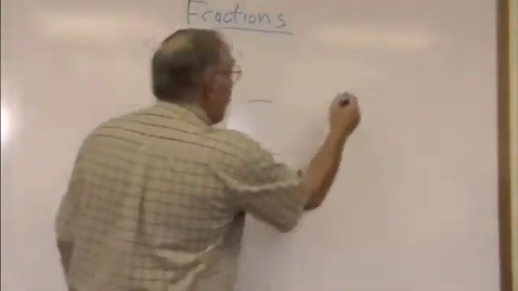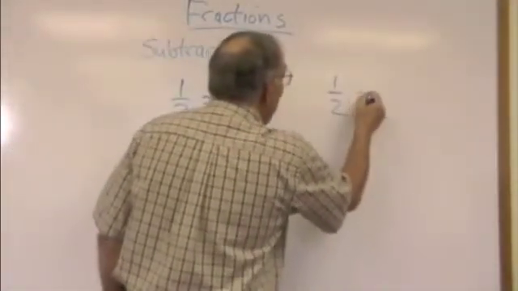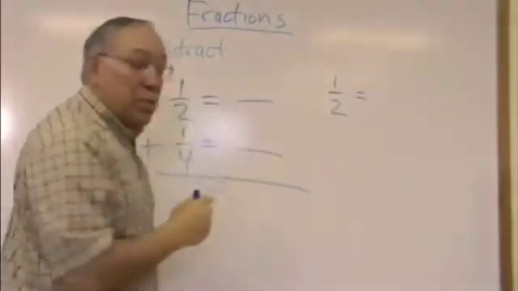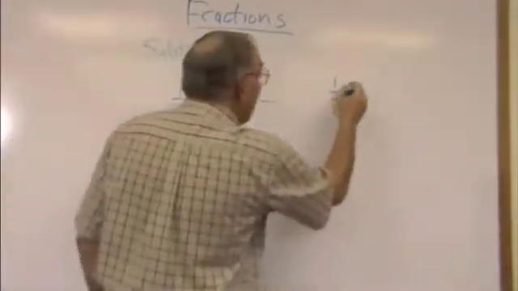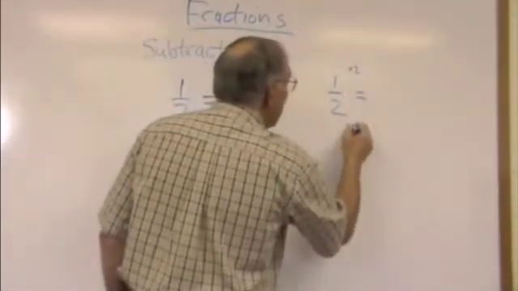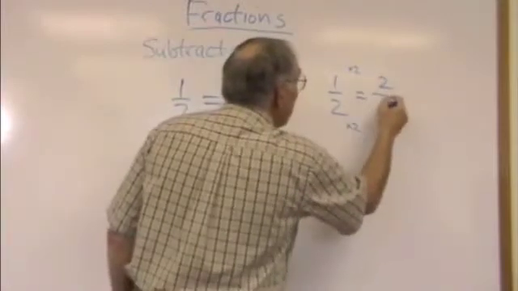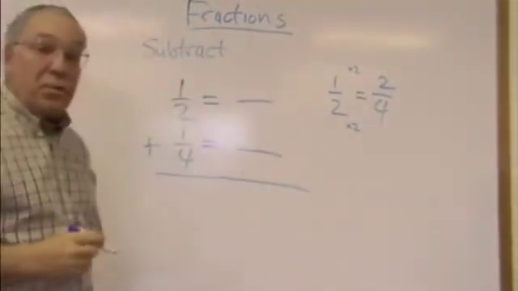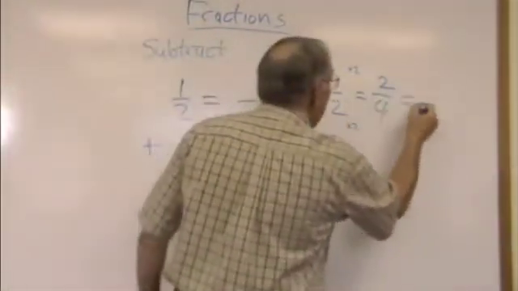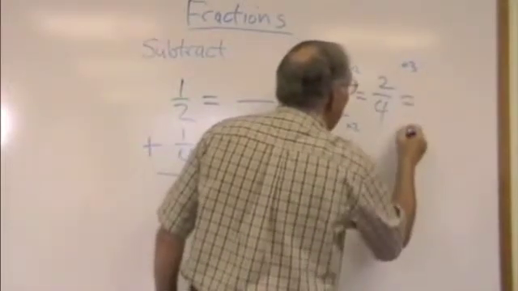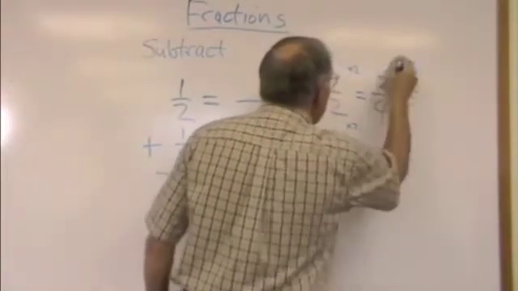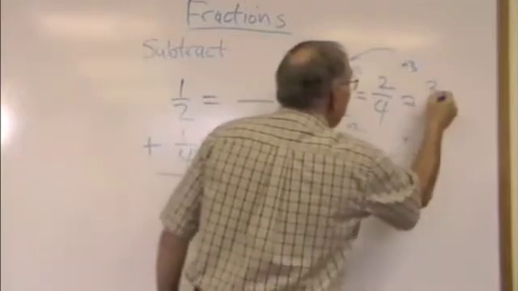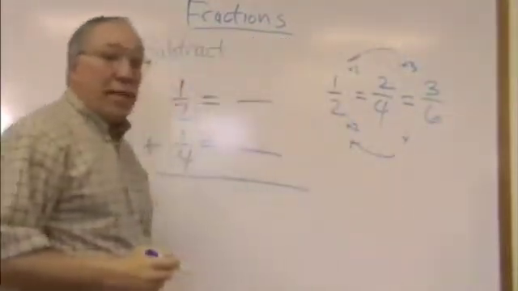For example, we could take 1/2, multiply the top times 2 and the bottom times 2, and now we get 2/4. 1/2 is the same as 2/4. We could multiply the top times 3 and the bottom times 3, and now we have 3/6, and so on.